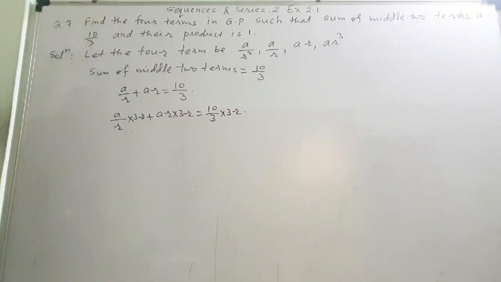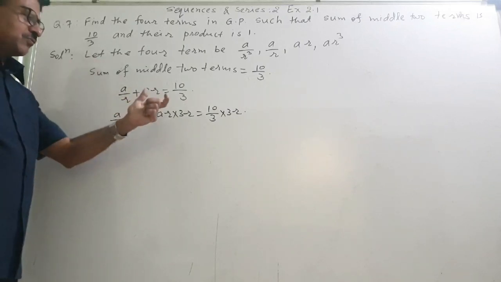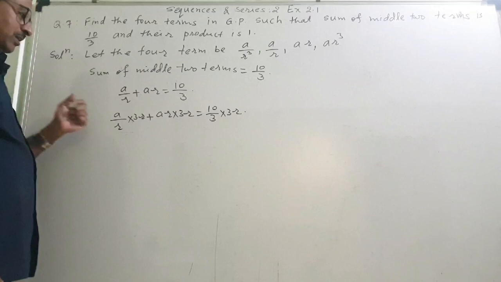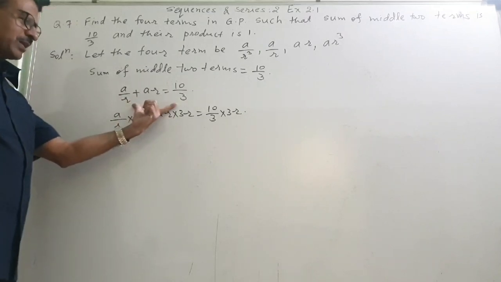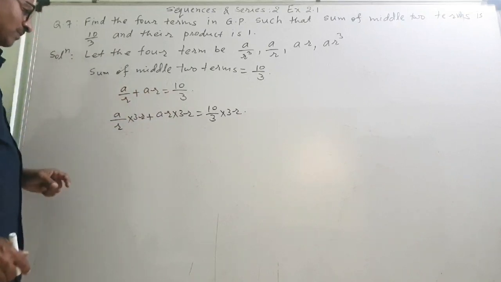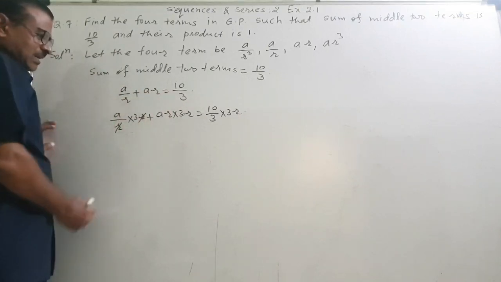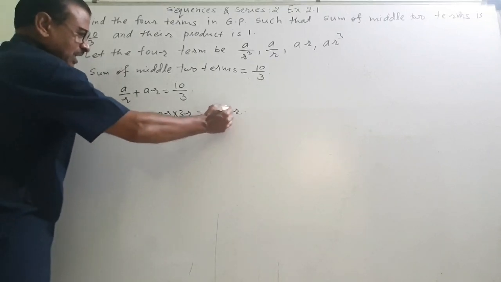This method is a very important method. At a time, we will eliminate all the denominators. Take the LCM of the denominators and multiply each term by that LCM. What is the LCM? 3r. Multiply. This r cut, this 3 cut, 3 cut.